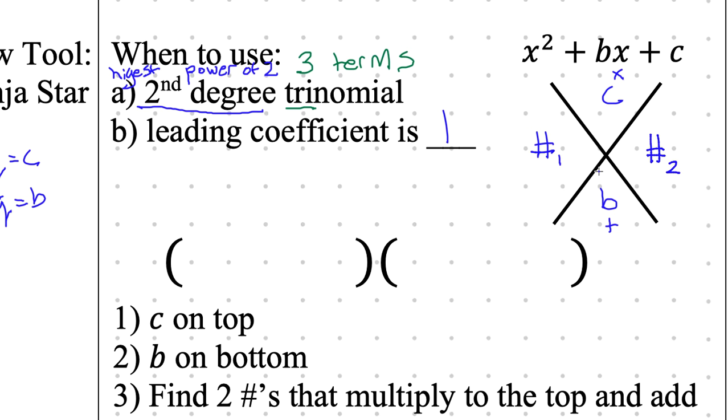Once I figure out what the numbers on the left and the right are, these two numbers have to add up to B, and these two numbers have to multiply to C, then I'm ready to write it in the factored form. The factored form looks like this. It's x plus the first number and x plus the second number. If this number is a negative, then it will be x minus that number.